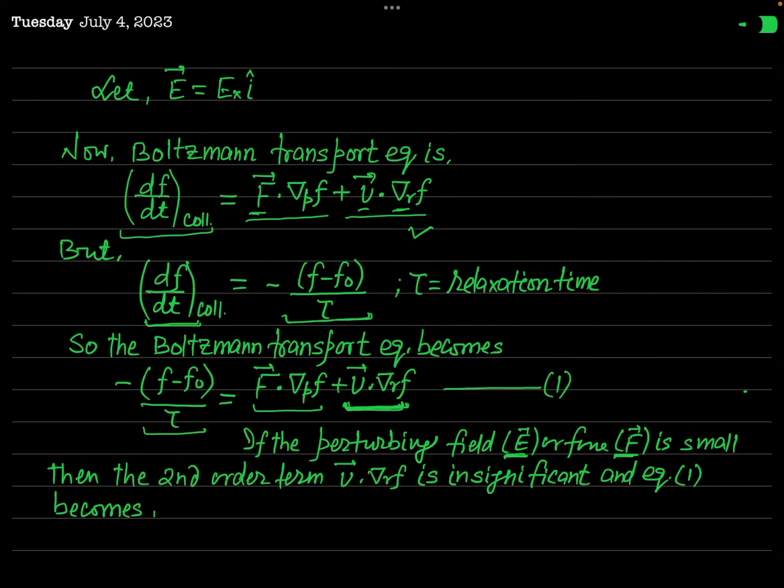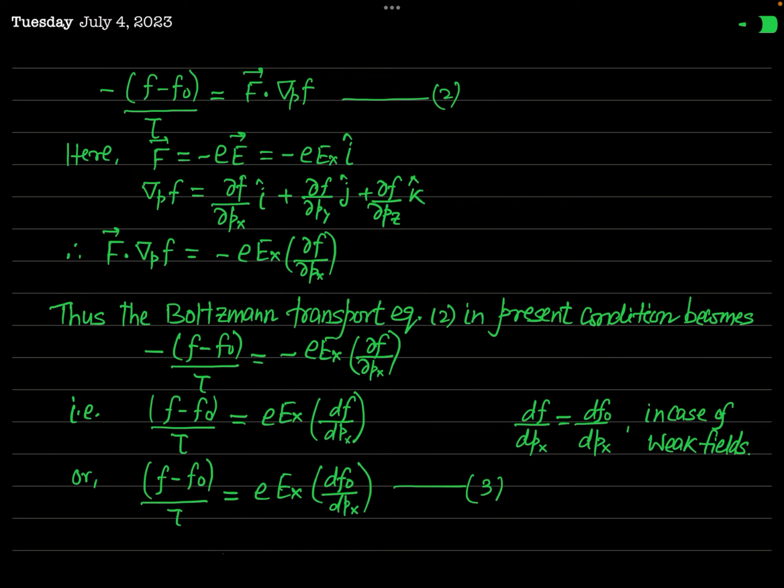In this particular condition, the Boltzmann transport equation becomes very simple. For writing that form, you simply neglect the term v dot del r f. So now under this condition, our Boltzmann transport equation becomes: minus f naught over tau equals F dot del p f.